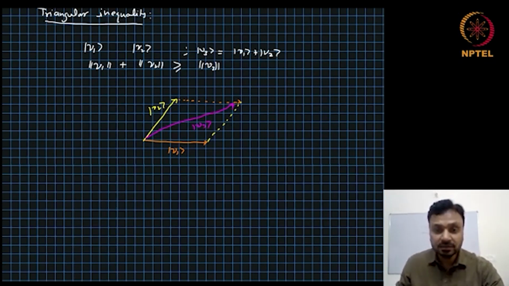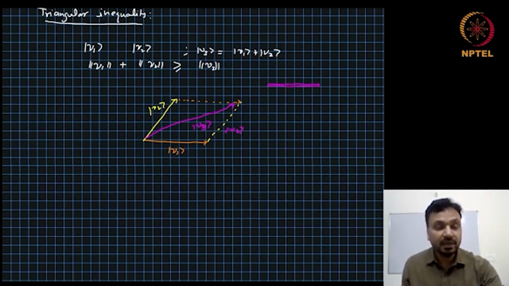The three vectors v1, v2, and v3 form a triangle. So what we are saying in this inequality is that the sum of two sides of a triangle is always greater than the third side. It can be only equal when it's not really a triangle, when v1 and v2 are collinear and the third one is also in the same direction. That's the trivial case, but if we have a valid triangle, then the sum of the two sides is always greater than the third side.